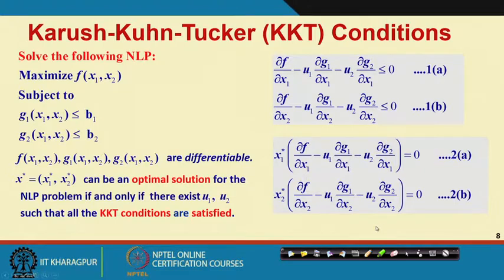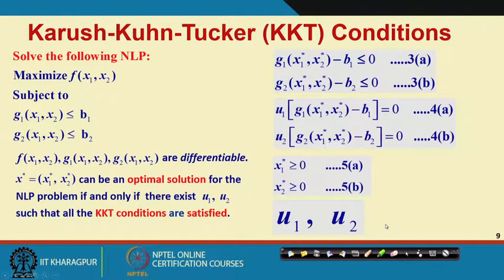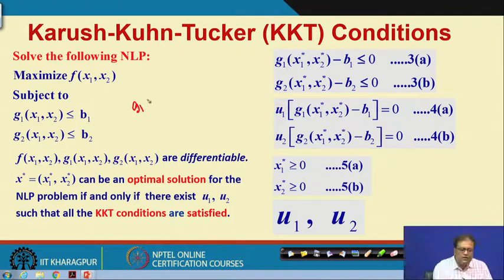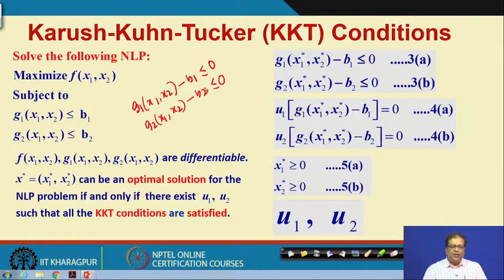The remaining conditions are again for the same problem. The third condition is nothing but the constraints themselves, that is g1(x1, x2), or we can write g1(x) minus b1 less than or equal to 0, and g2(x1, x2) minus b2 less than or equal to 0 at the optimal point.